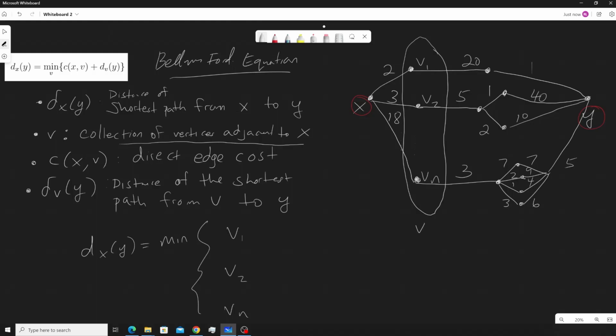So we'll start with v1. For v1, we're going to do c of x comma v1, which is, in this case, 2. So we can just very quickly sub in 2, plus d of v1 y. Now we are recursively solving for this problem.